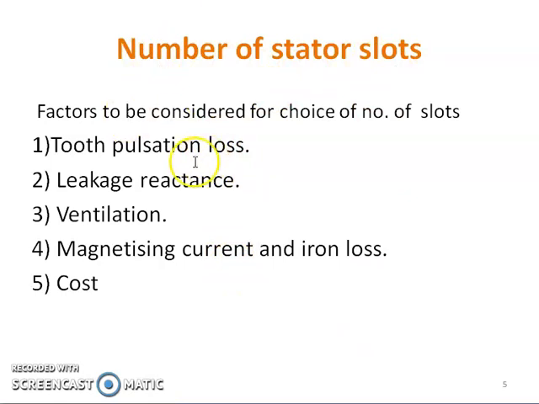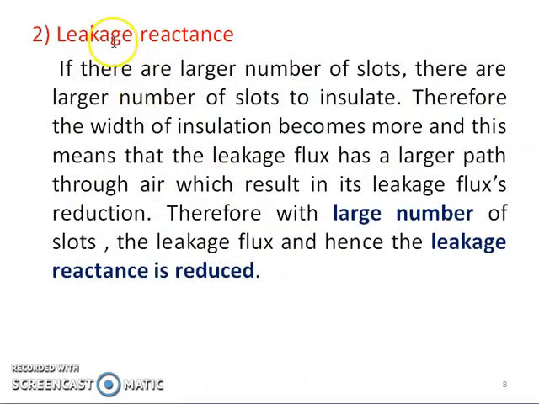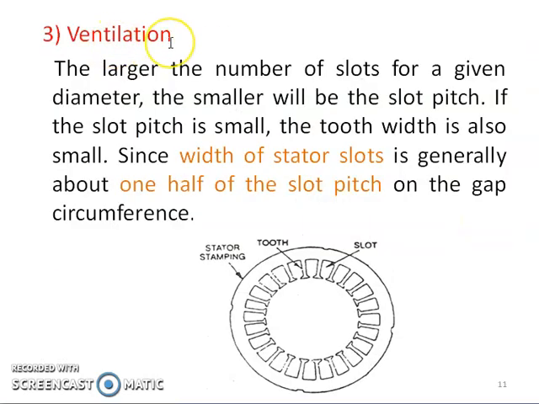In the previous lecture, I already discussed the first two factors in detail, that is tooth pulsation loss and leakage reactance. Next we will move on to the third factor, that is ventilation. How does ventilation of the machine get affected when the designer goes for a large number of slots?